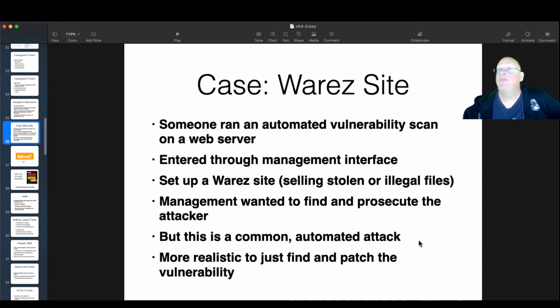That's just something for the police to do if they care. This kind of thing happens all the time. It's much more realistic to just fix the systems so this won't happen again, clean it up, and carry on with doing our business, making money. The time you spend hunting down who did it and punishing them is just a waste of time.